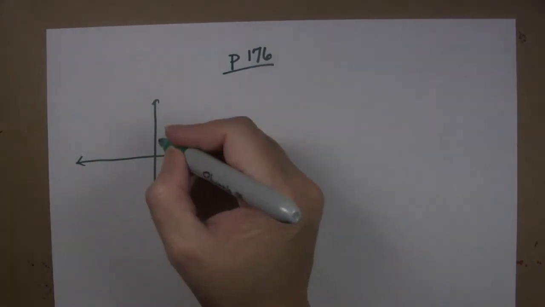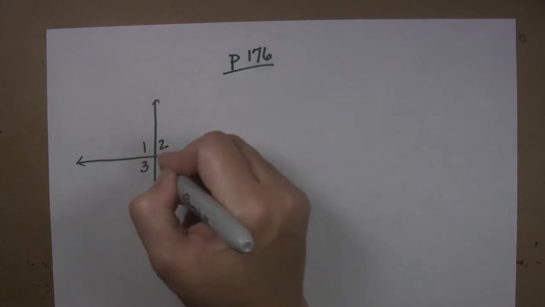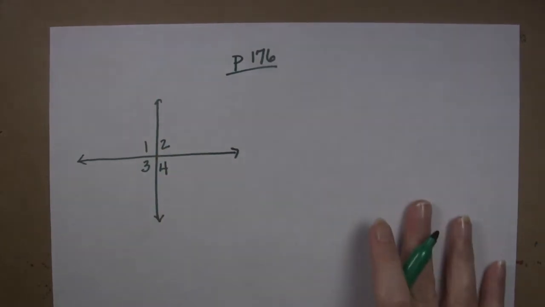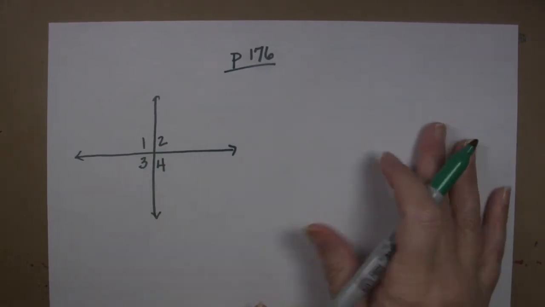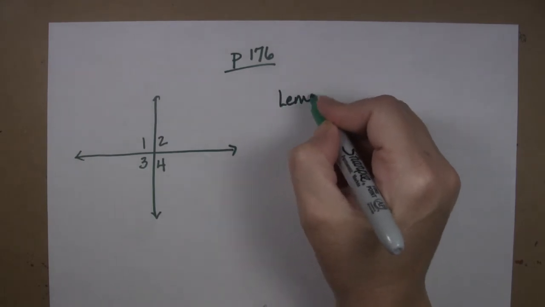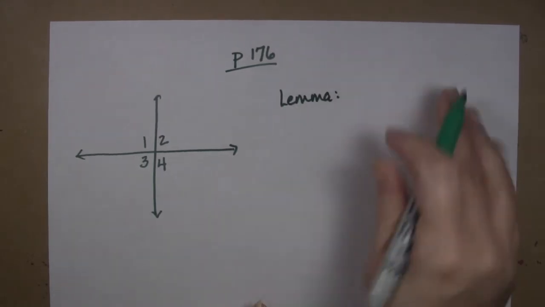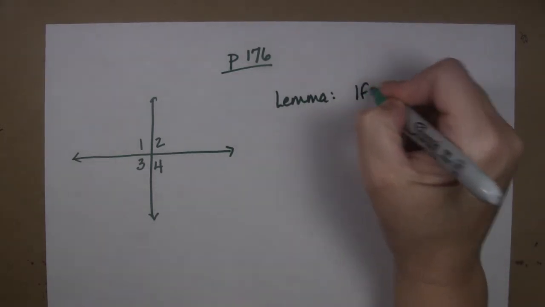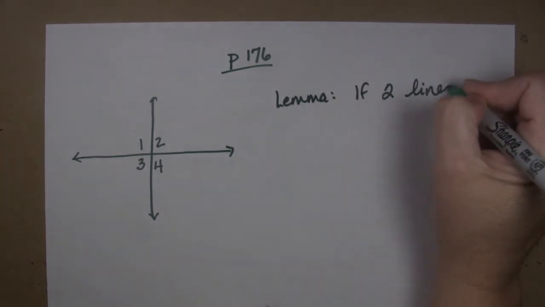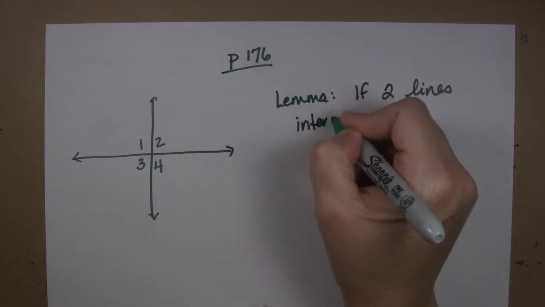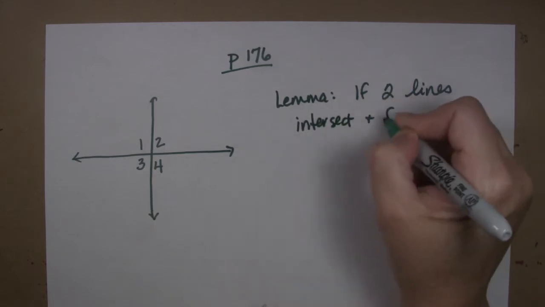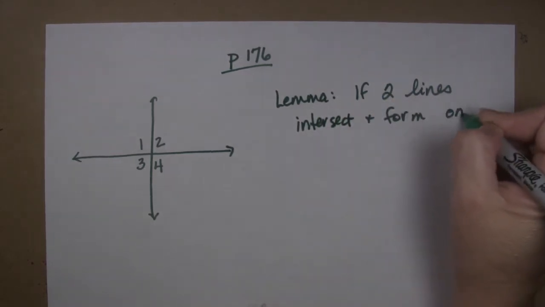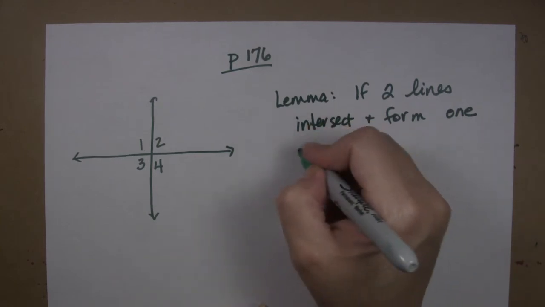So we have these two lines, and we've numbered our angles, and our lemma, that is our theorem that we are going to use, is if two lines intersect and form one right angle.